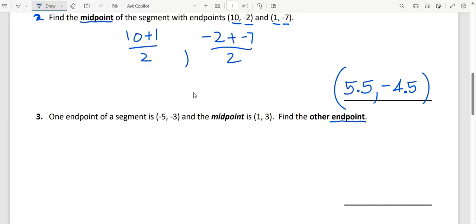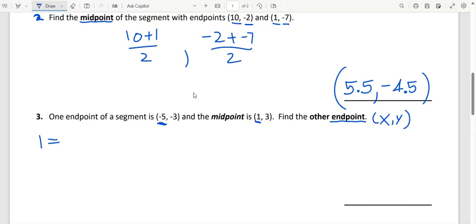So is everyone locked in looking up here, okay? When it asks you for the other endpoint, what you're going to do is make 2 little equations, and you have to start with the midpoint. So check it out. Here's my midpoint. My x value is 1. So go ahead and write 1 equals. The midpoint x is 1. So what I'm going to do is set that equal to adding the endpoint x and the other endpoint x, which is missing.